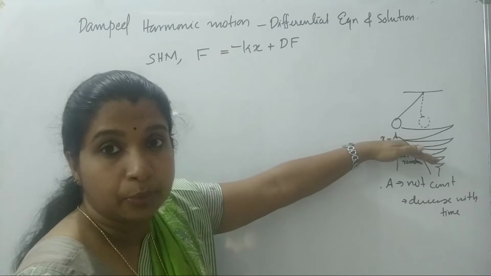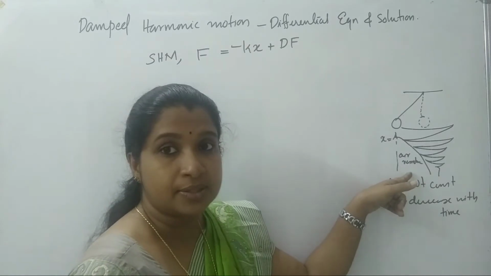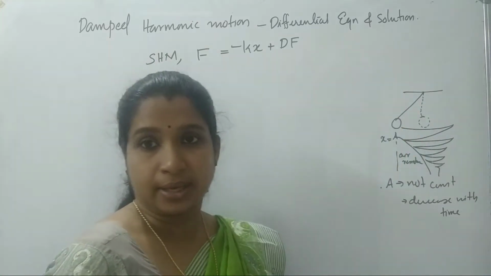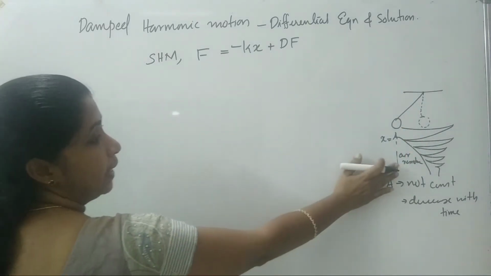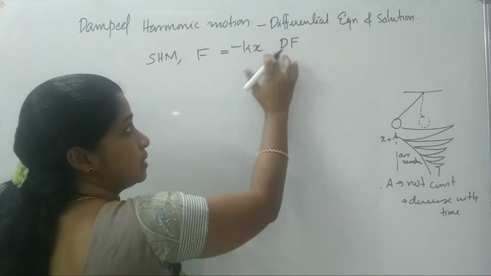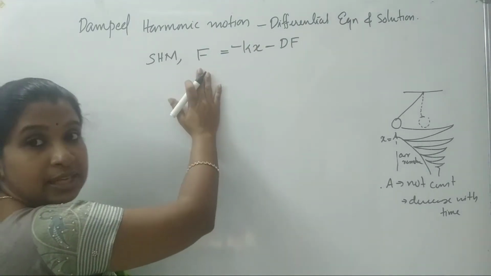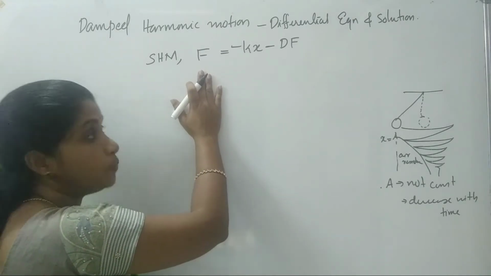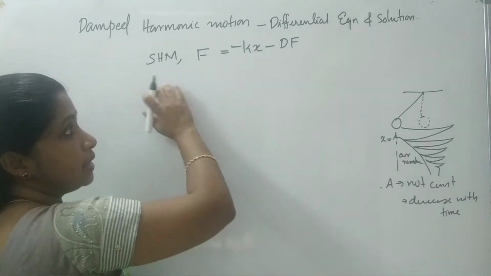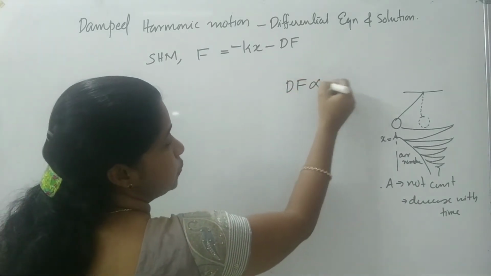So in simple harmonic motion, or a body oscillating with constant amplitude, when we introduce air resistance, what happens? The amplitude begins to decrease. This air resistance is represented as a damping force, and this damping force opposes the motion, so we put a minus sign. So the force acting on the spring is equal to minus kx minus the damping force. Then the damping force is proportional to velocity.